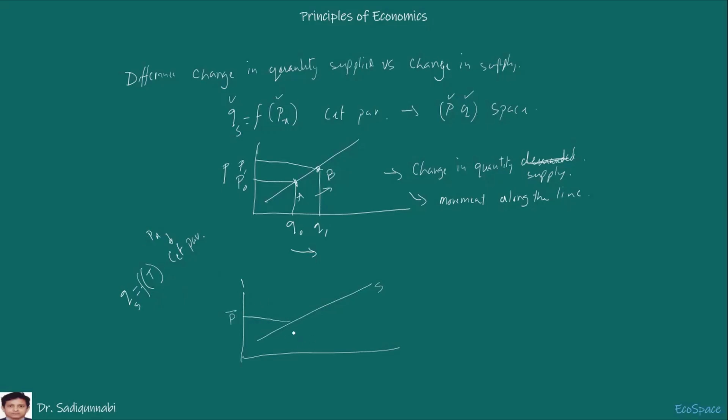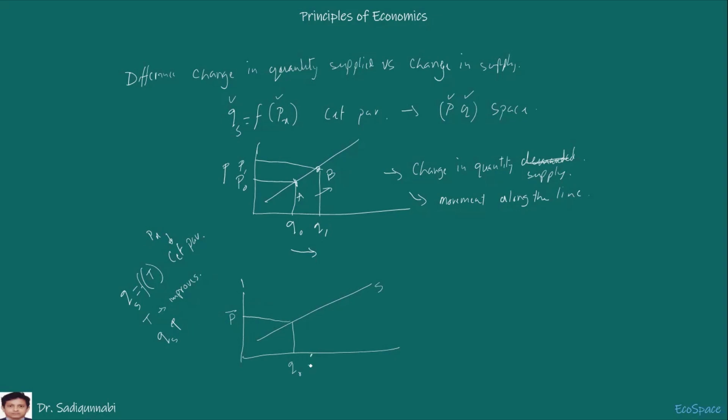P is P bar, and this is our Q0. And suppose technology improves. So when technology improves, QS also increases. QS increases here.